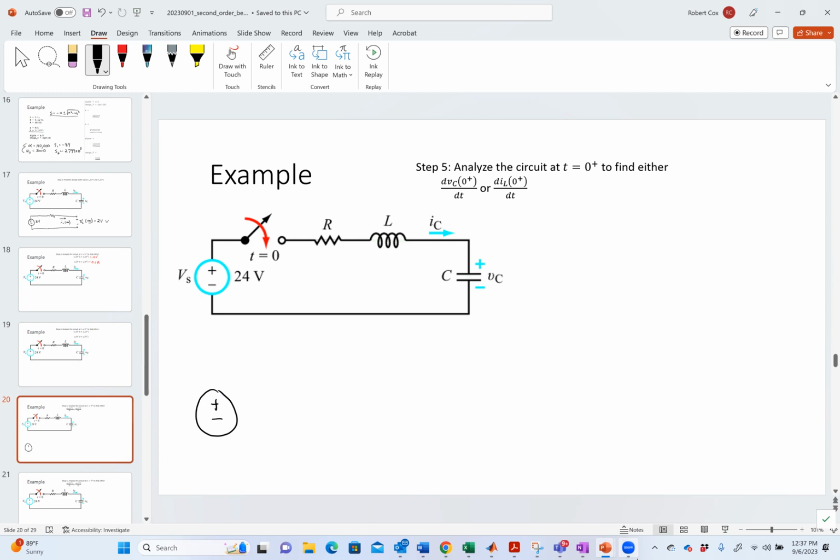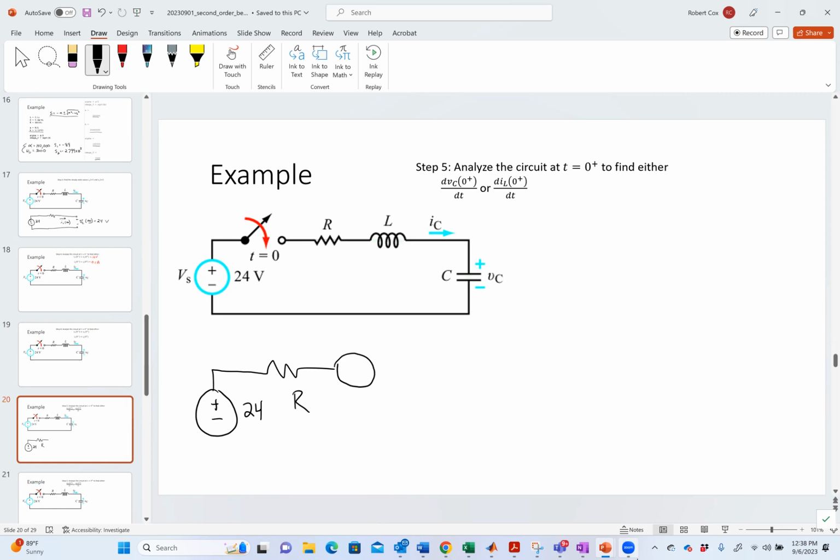Now, the tricky thing here is we said inductor current always has to be continuous, and capacitor voltage always has to be continuous. And we're looking at a really short time from 0 minus to 0 plus. This could be 10 nanoseconds of time. If the capacitor voltage doesn't change, and the inductor current doesn't change, how do we model those two things during this really short time period?